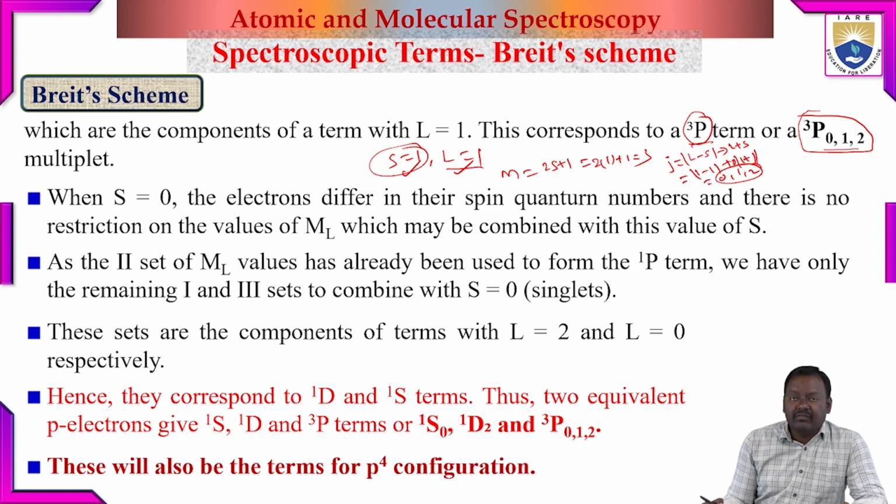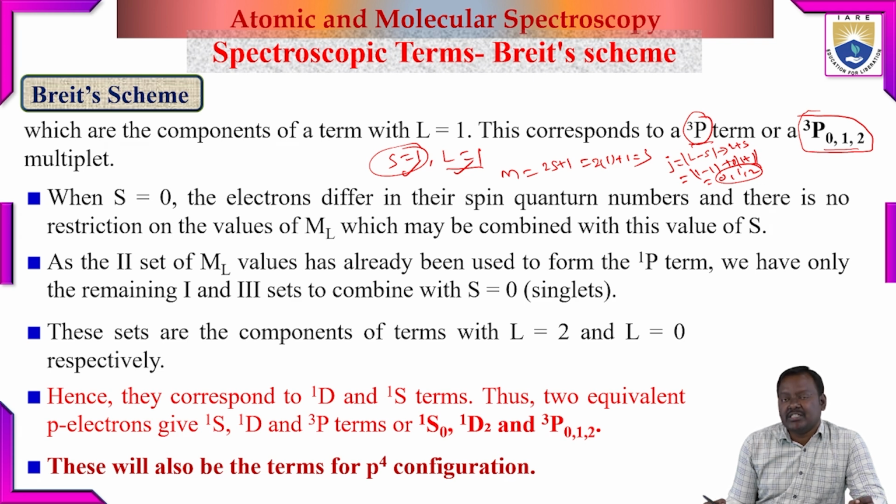Okay, so when S equal to 0, this value is obtained only when the two electrons have opposite ms values. One ms value is 1 by 2 and the second ms value is minus 1 by 2.